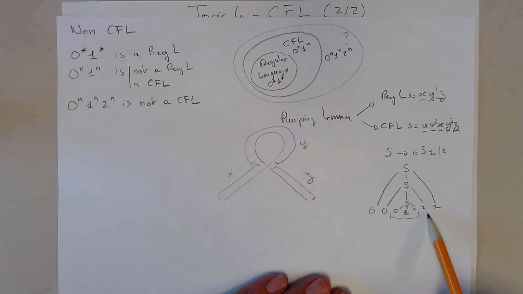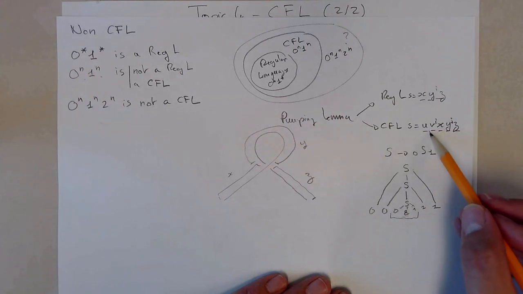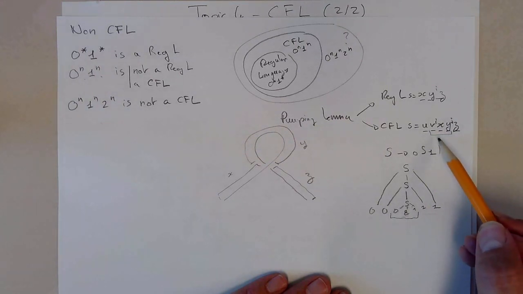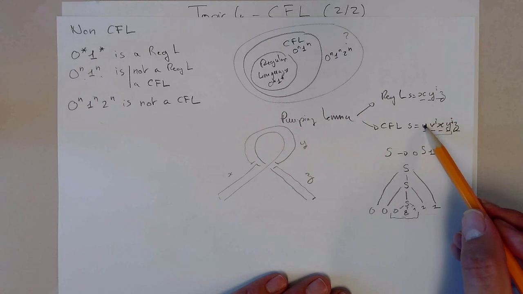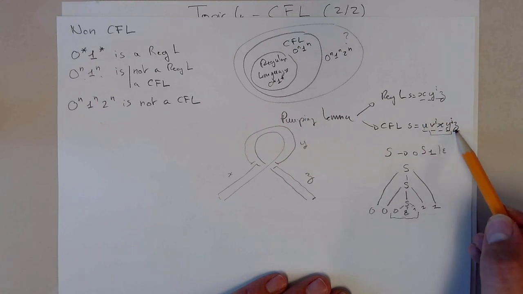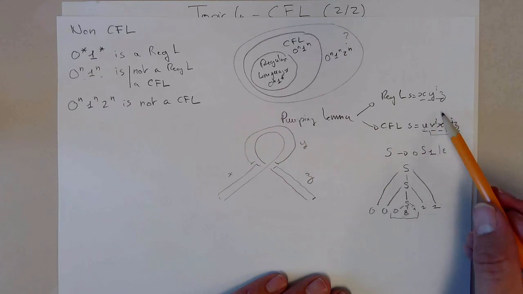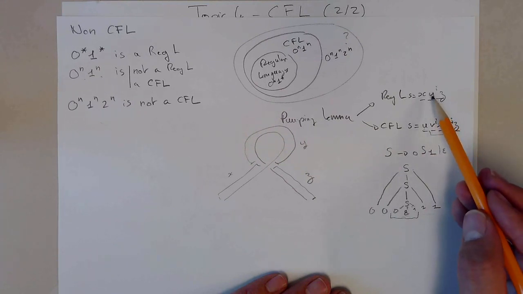Whether you take it here or here, you have 3 parts. In the pumping lemma, as always, there is a beginning, we don't know what it is, an end, we don't know what it is, and we don't care too much. The middle is where the loop is happening. That was the case here.